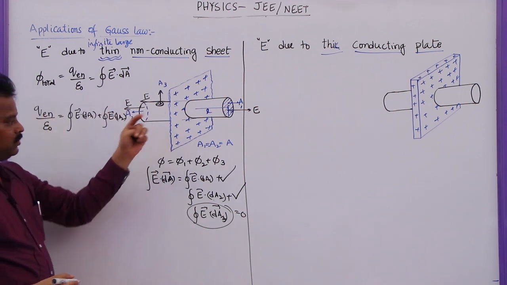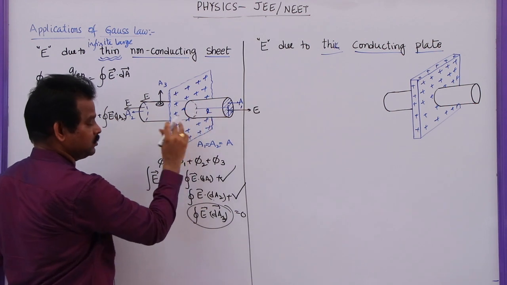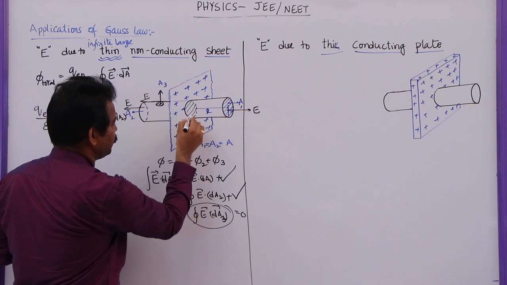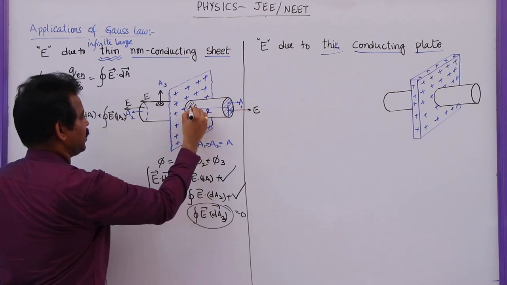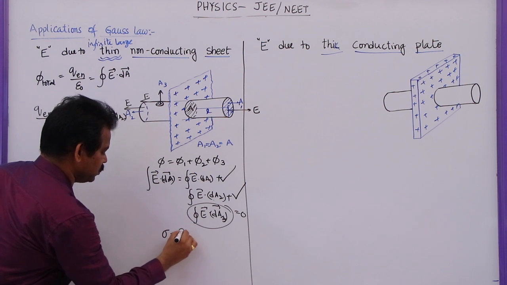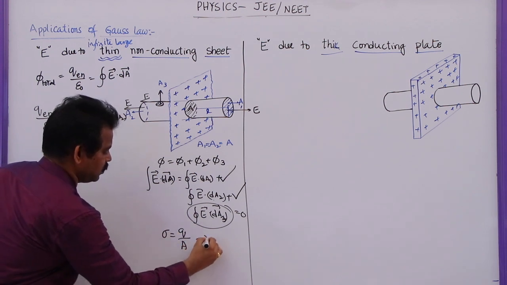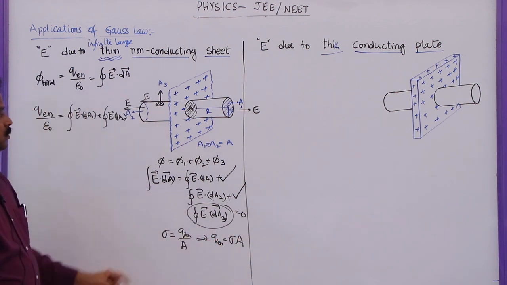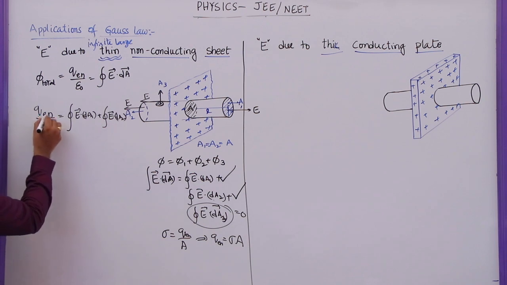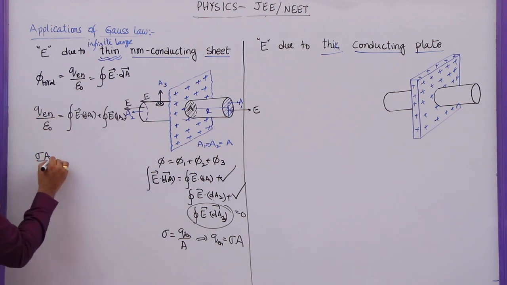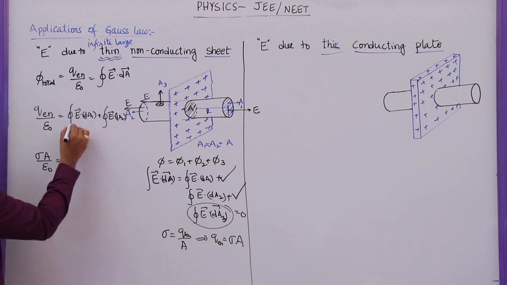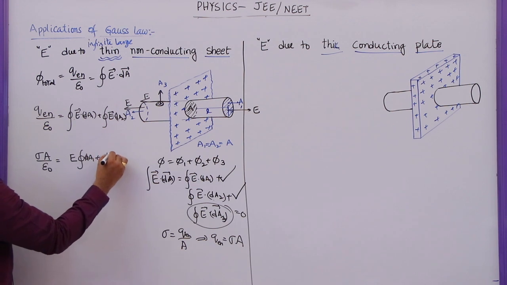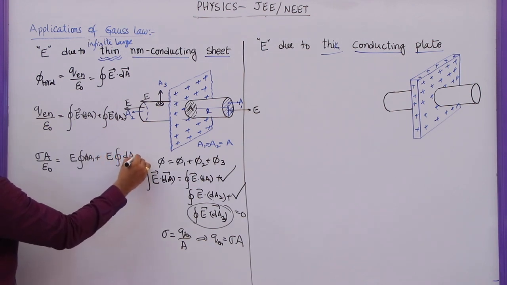What is the charge enclosed by this surface? Here, this closed Gaussian surface, or cylindrical surface, is enclosing only some charge. So this area is A. We can write sigma is equal to Q by A, and the charge enclosed is equal to sigma A. Now you can write charge enclosed by epsilon naught, sigma A by epsilon naught, is equal to E integral dA1 plus E closed integral dA2.